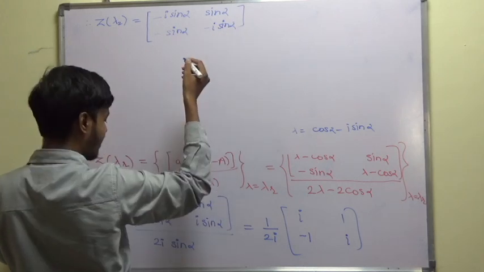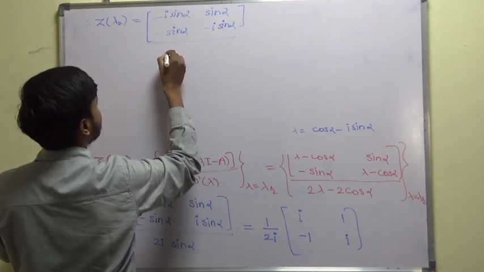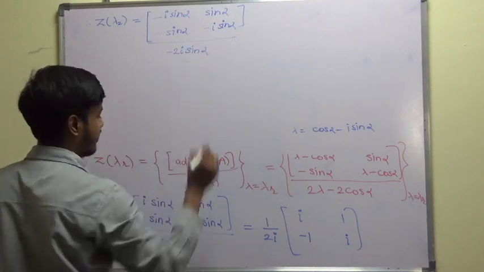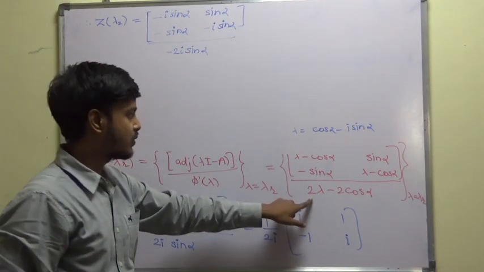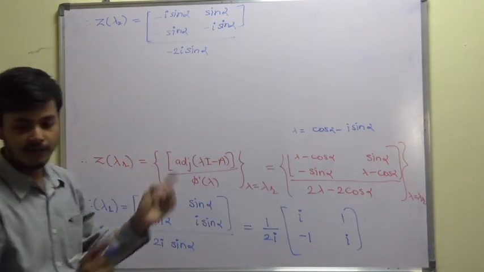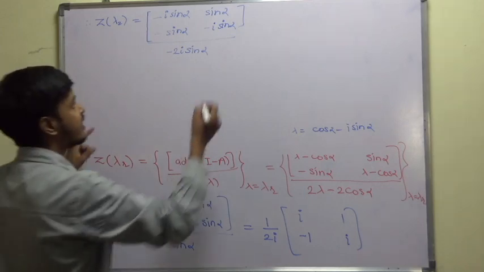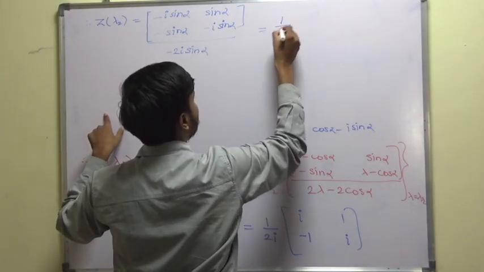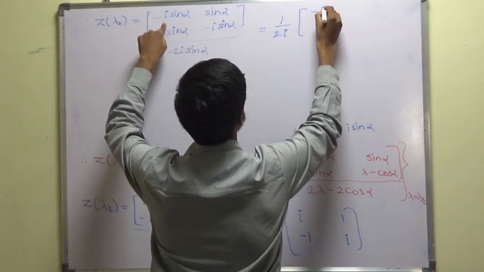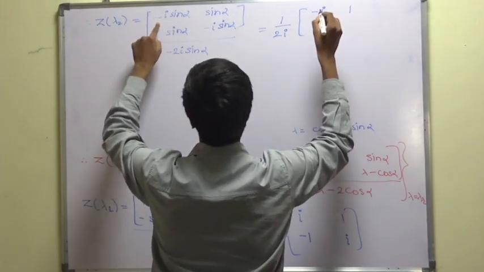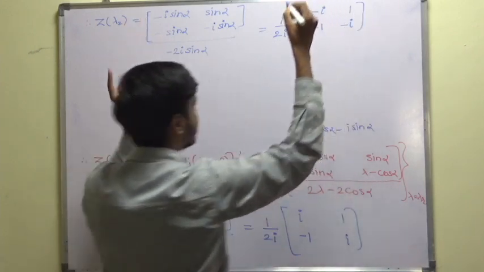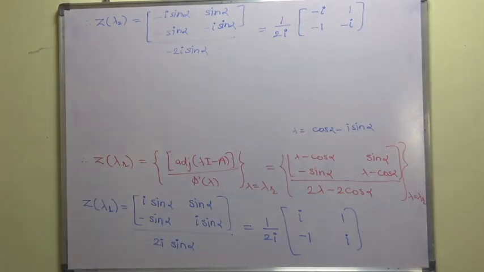Okay, divided by minus 2I sin alpha, because it is 2 lambda, so 2 cos alpha gets cancelled, minus 2I sin alpha will be remaining, and then you can write this as again 1 upon 2I and divide by sin. So we'll be getting minus I, 1, minus 1, minus I. We'll be getting this 1 upon 2I.